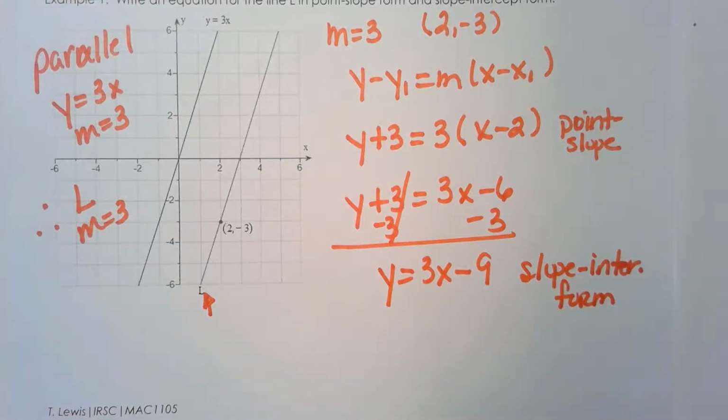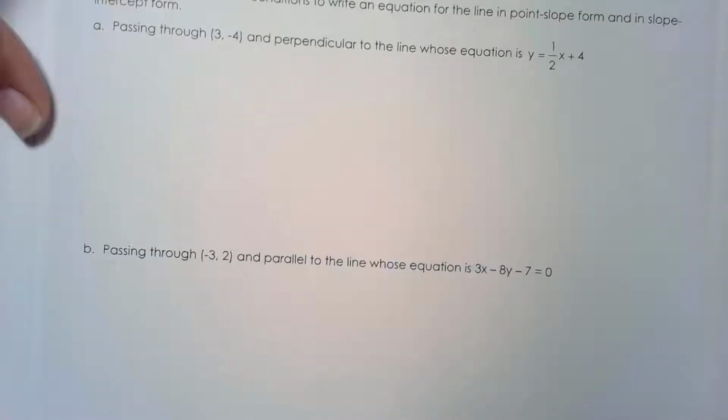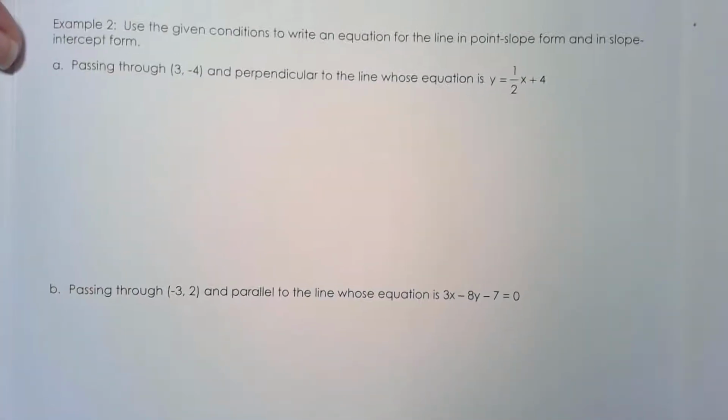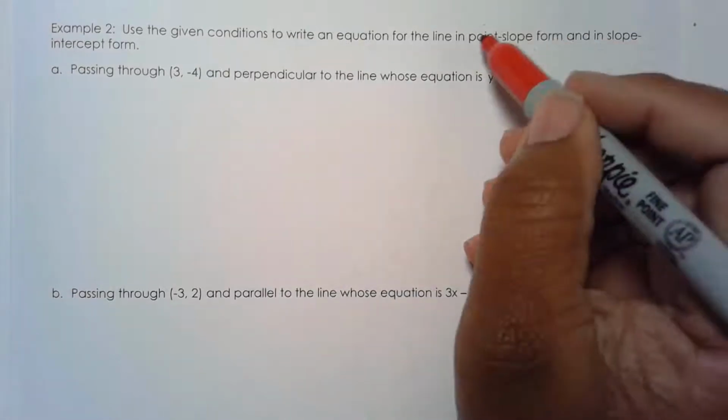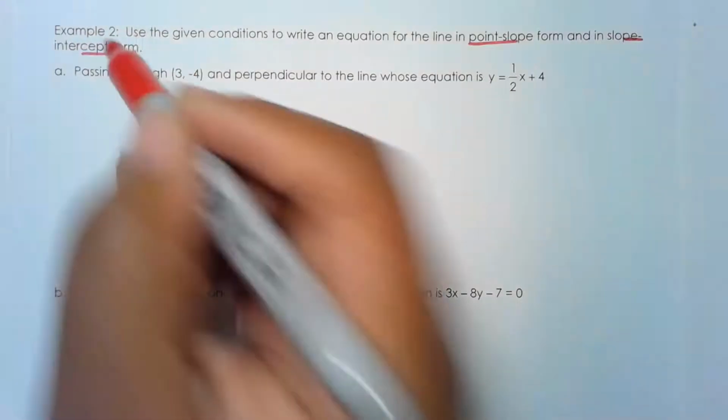All right, so next example. So let's look at the first example here. It says use the given conditions to write an equation for the line in point slope form and in slope intercept form.